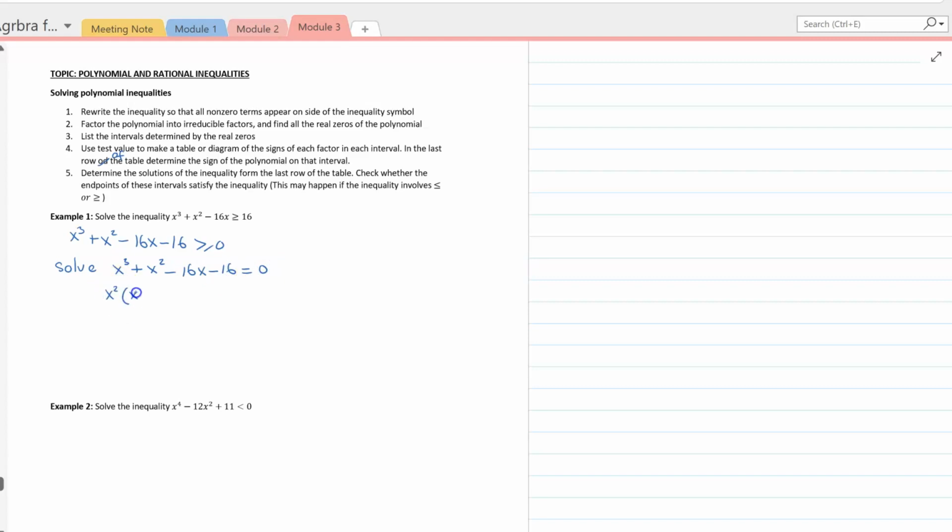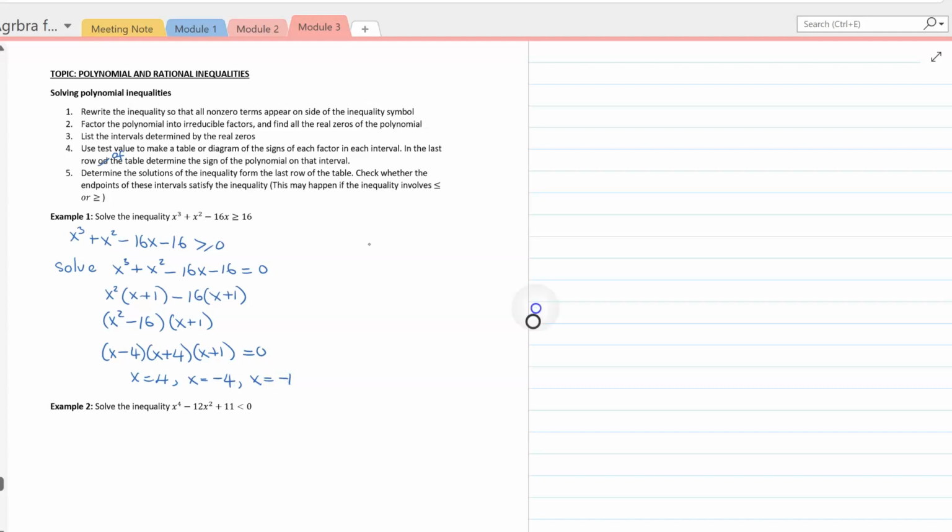Factor out x squared. So the zeros are x equal 4, x equal negative 4, and x equal negative 1.